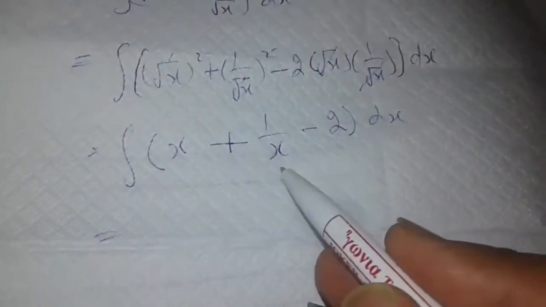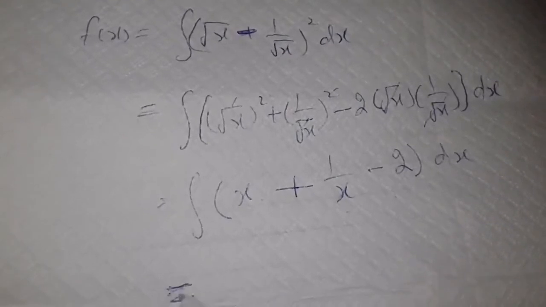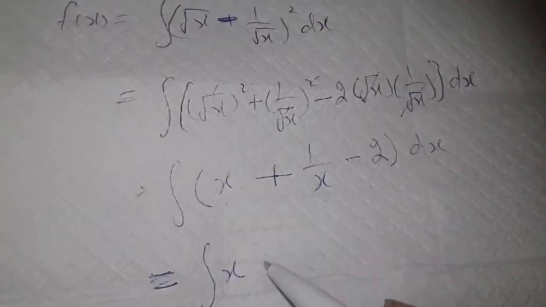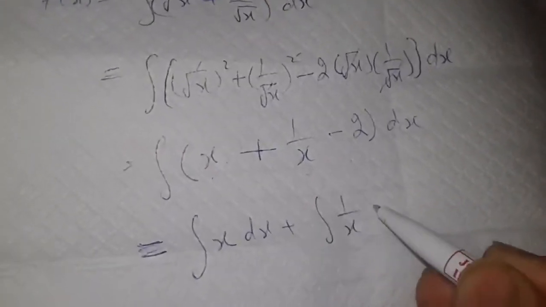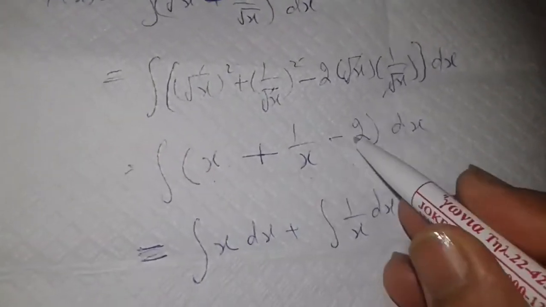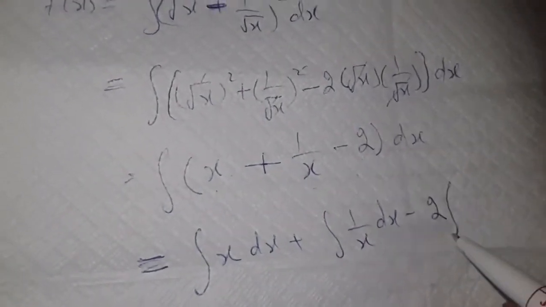Now this is a simple function with 3 terms and we can integrate it easily. Integration of the first term x, plus integration of the second term 1 by x dx, and minus this 2. It is a constant, so we will write it outside the integration.